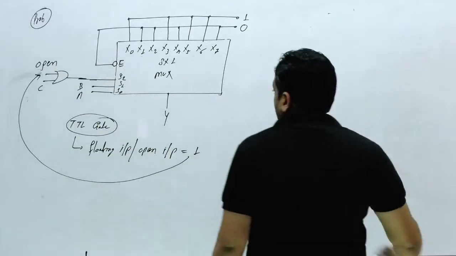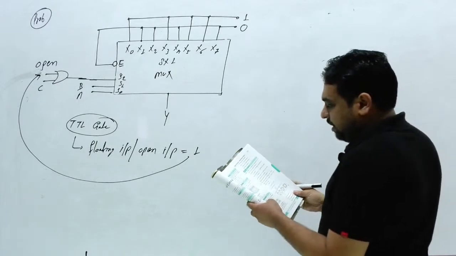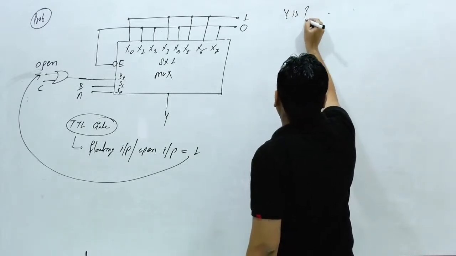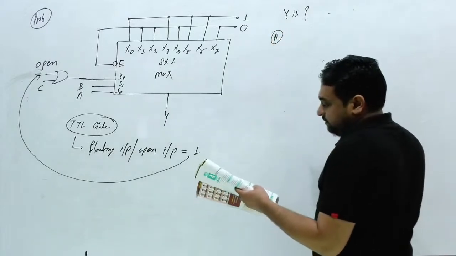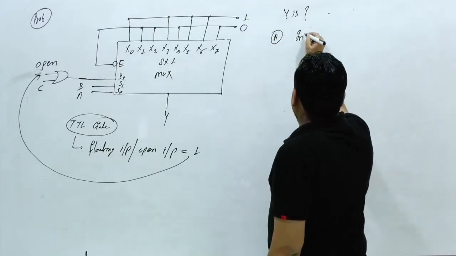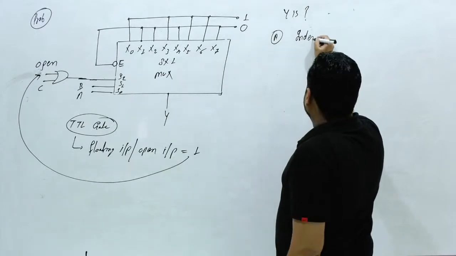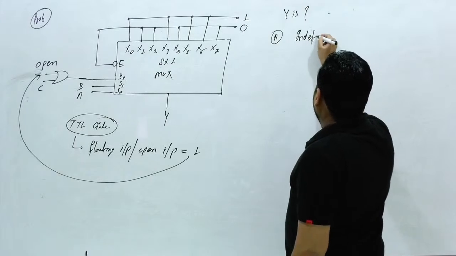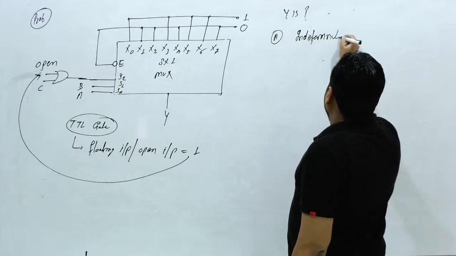Now what will be the output y? I am going to provide you 4 options. The first option: indeterminate, which means you cannot find out.